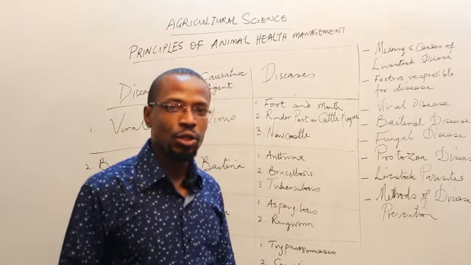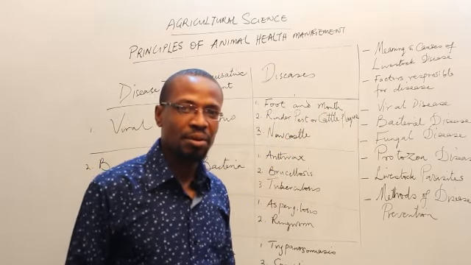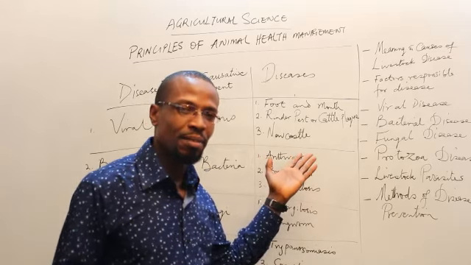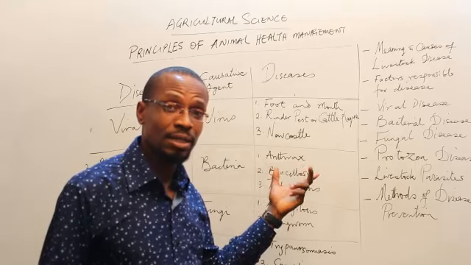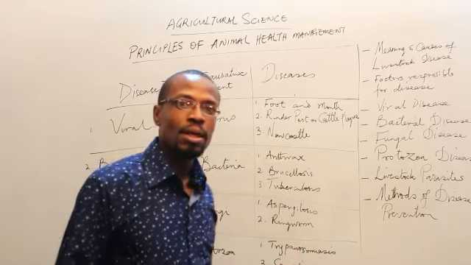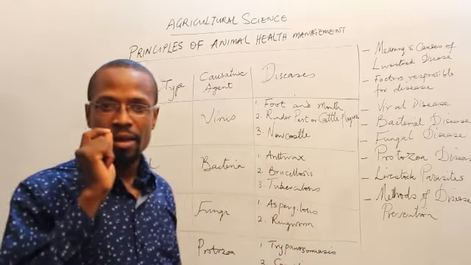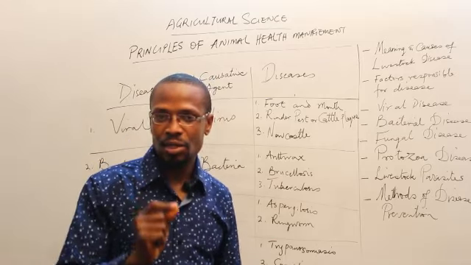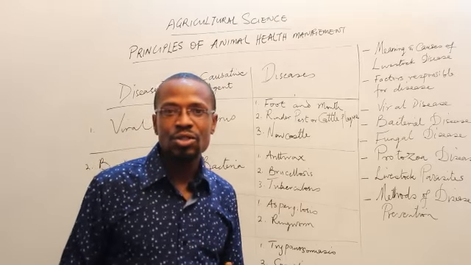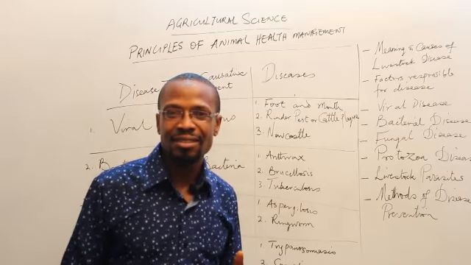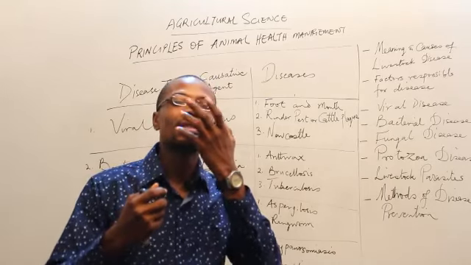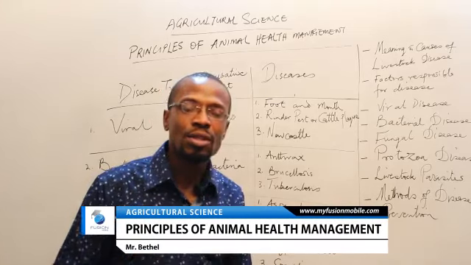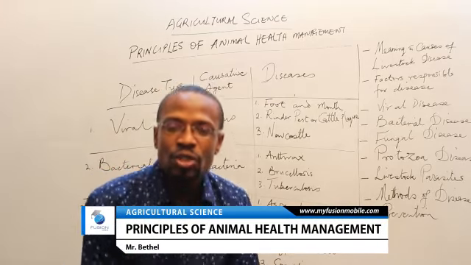How do you know that your animal has been affected by foot and mouth disease? That is the symptoms. What are the symptoms of foot and mouth disease? The basic symptom is you begin to see blisters in the mucous membranes of the nose, the mouth, and around the hoofs of the animals.